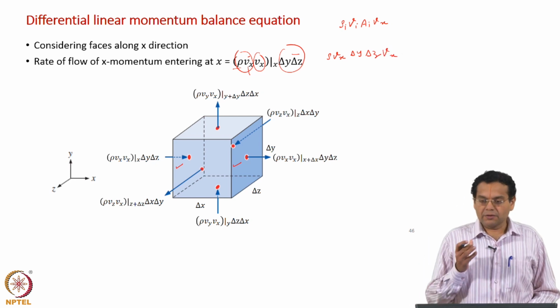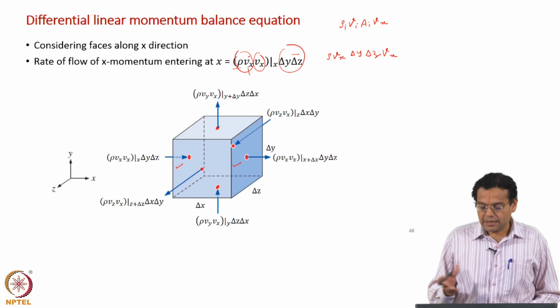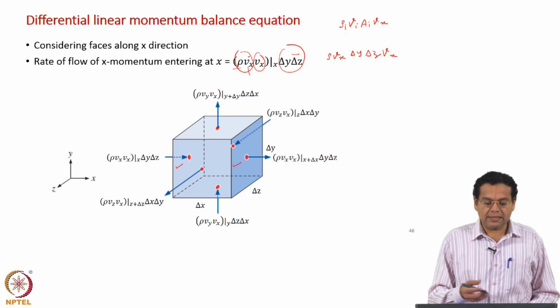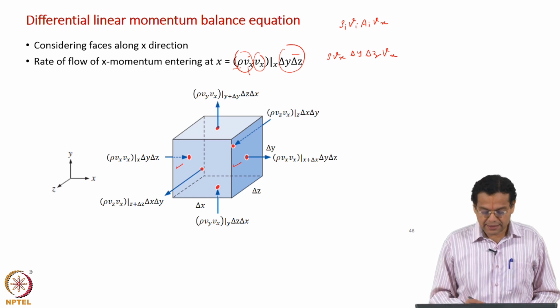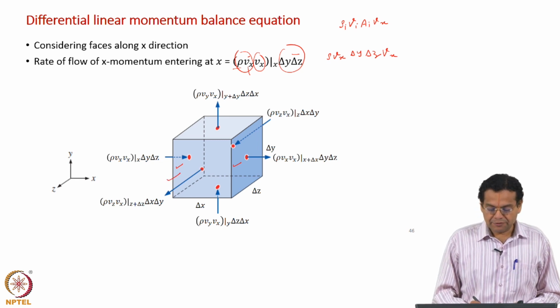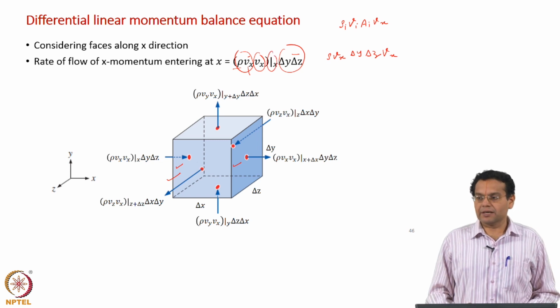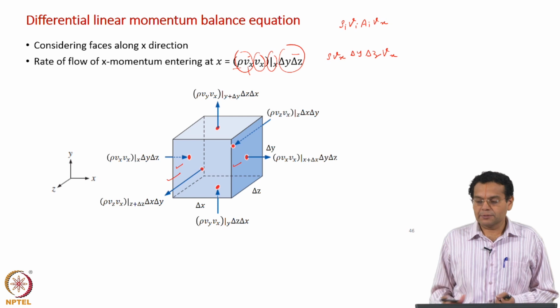Now, the density and velocity can change with spatial location, and we are evaluating the rate of flow of x momentum entering at this phase, and this phase is at x, and that is why we evaluate at x. If you understand this clearly, all other terms become very simple.